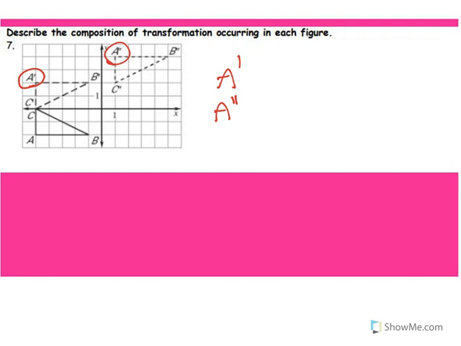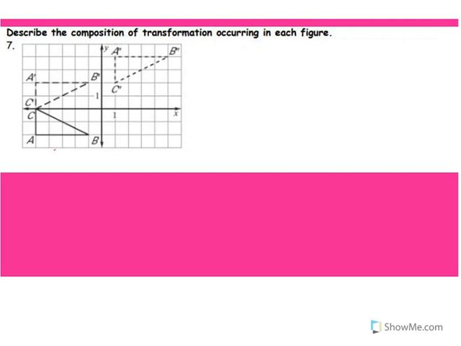So that means that we went from here to here and then to here. So 1 prime and then 2 primes, so that goes in order, 1 and then 2. We need to think about what happened and then what happened.